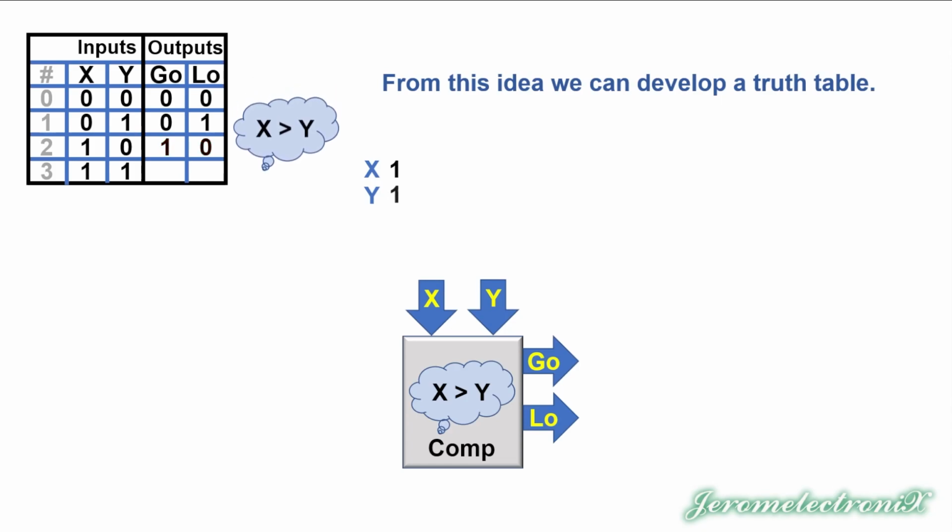In this last row of this truth table, it is indicating that X is greater than Y and Y is greater than X, and that's not true, so they're both false, so we're putting a 0, 0 in this. Is X greater than Y? False. Is Y greater than X? False. Is X less than Y? False. So these are both zeros.